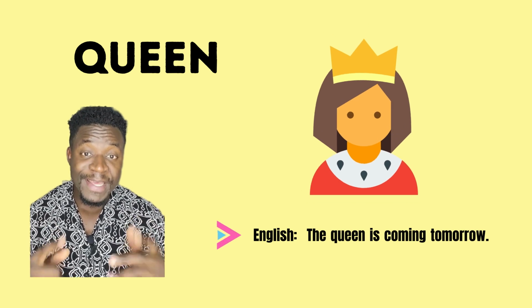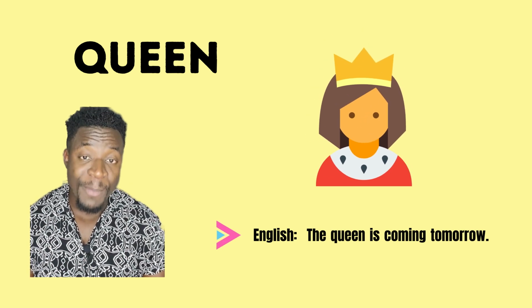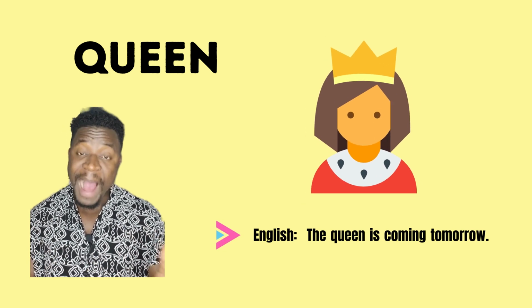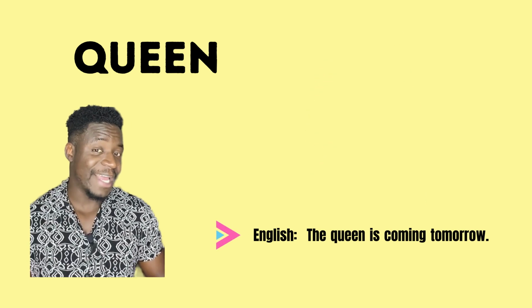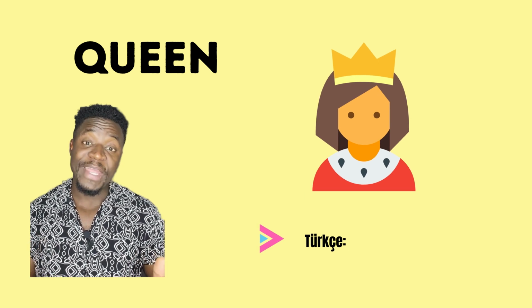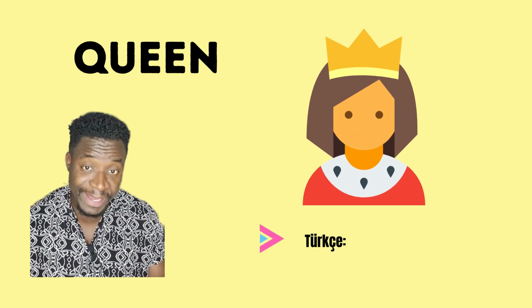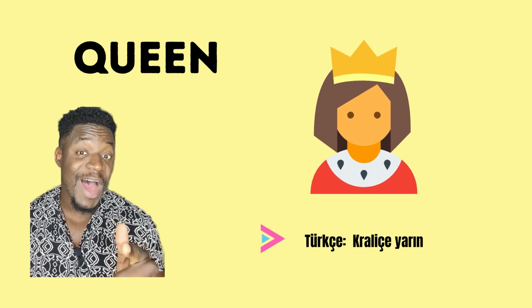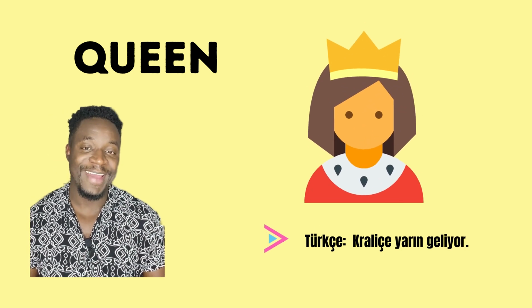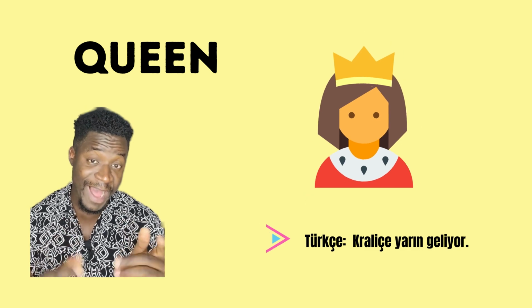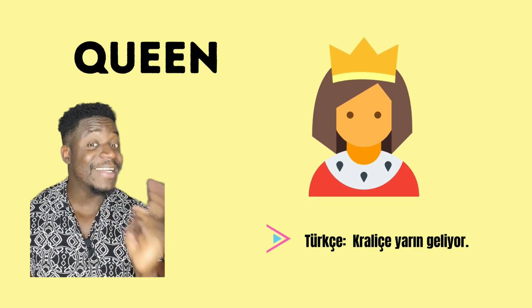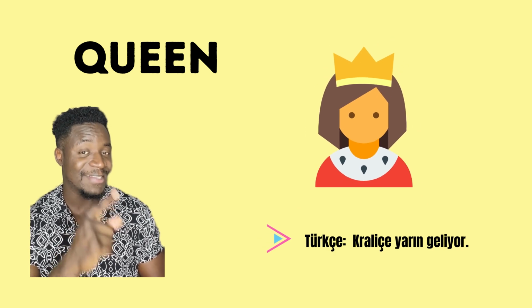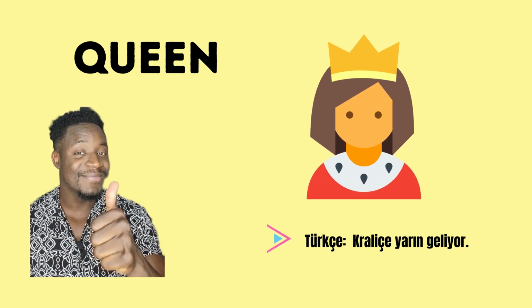So in the Turkish language, how do we make that sentence? In Turkish, we say, Kraliçe yarın geliyor. Great. You're making progress. Good job.